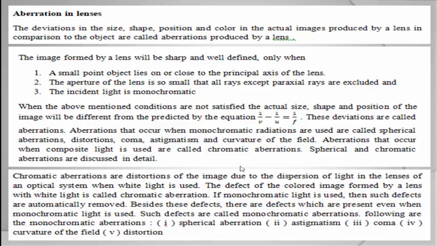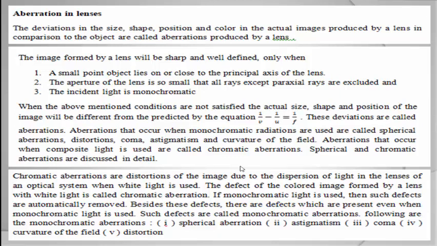Aberrations that occur when composite light is used are called chromatic aberrations. Spherical and chromatic aberrations are discussed in detail. The chromatic aberrations are distortions of the image due to the dispersion of light in the lenses of an optical system when white light is used.